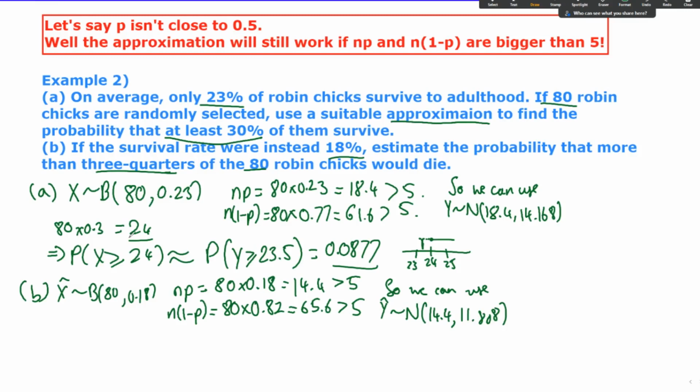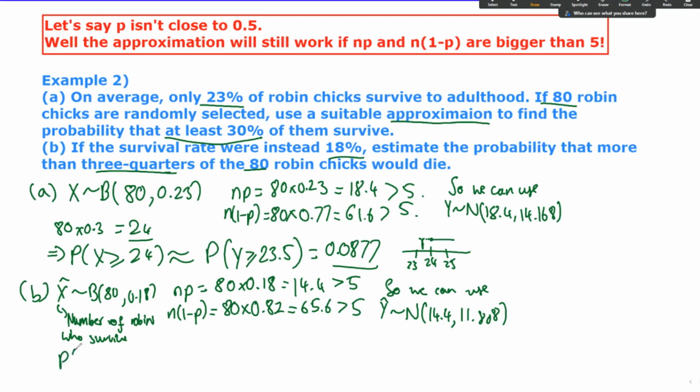Now we want to estimate the probability that more than 3/4 of the robin chicks would die. But remember, because our probability of success is when they survive, this X represents the number of robins who survive. So the probability that more than 3/4 of them will die is the same as the probability that fewer than 1/4 of them will survive.